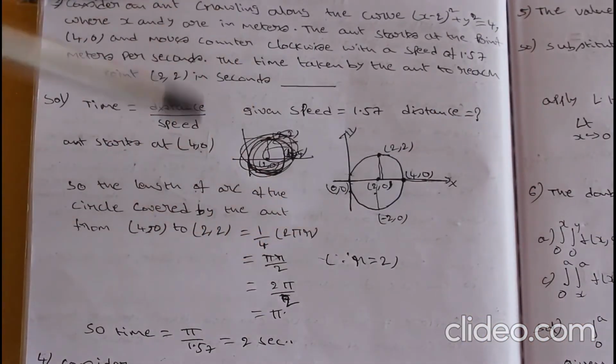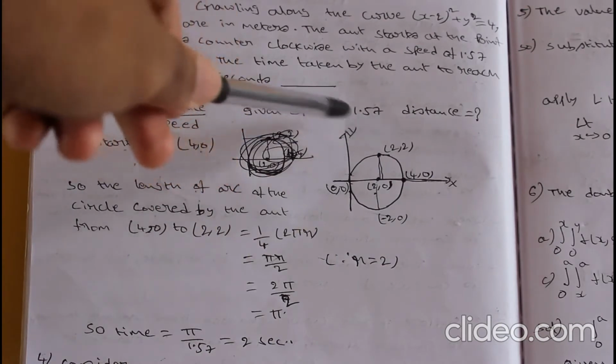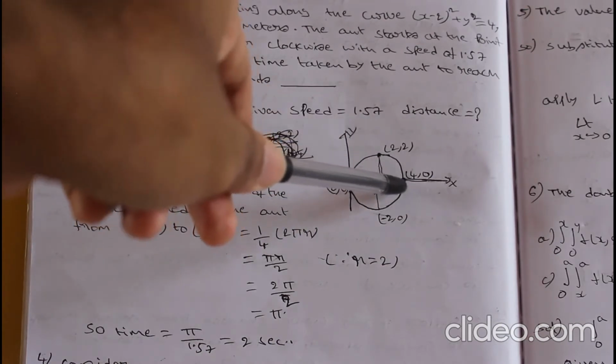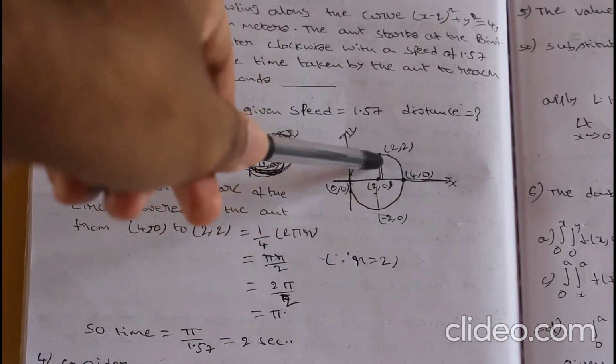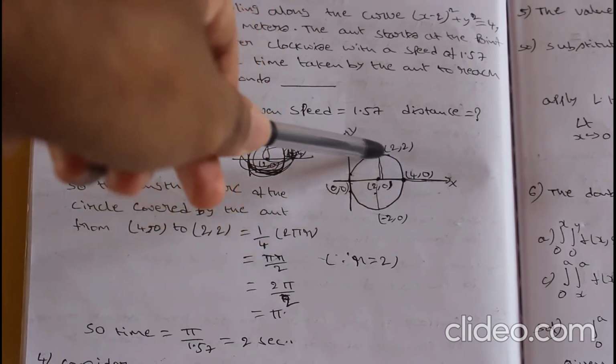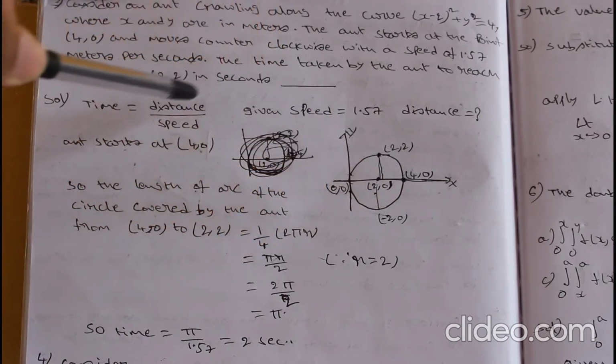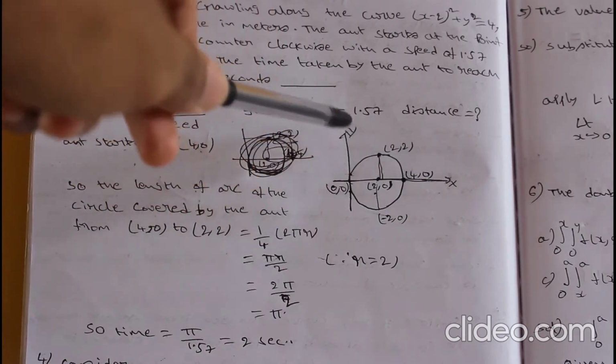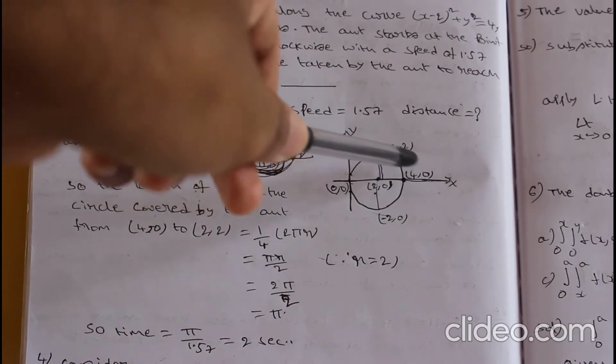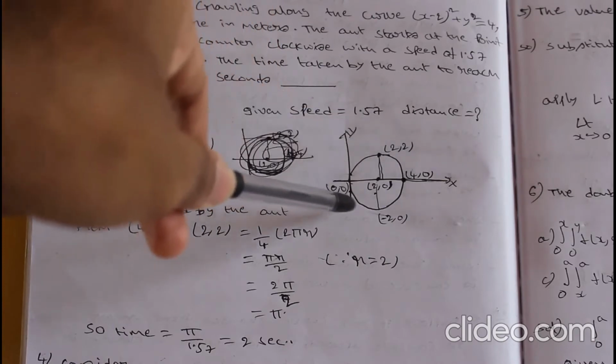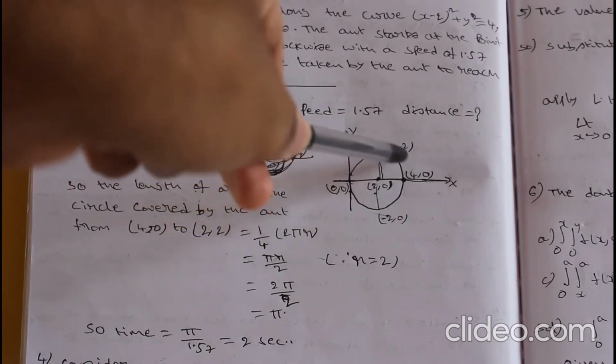In order to find the time taken, we have to find the distance moved from (4, 0) to (2, 2). After observing all the points, clearly this arc length is 1/4 of the circle.